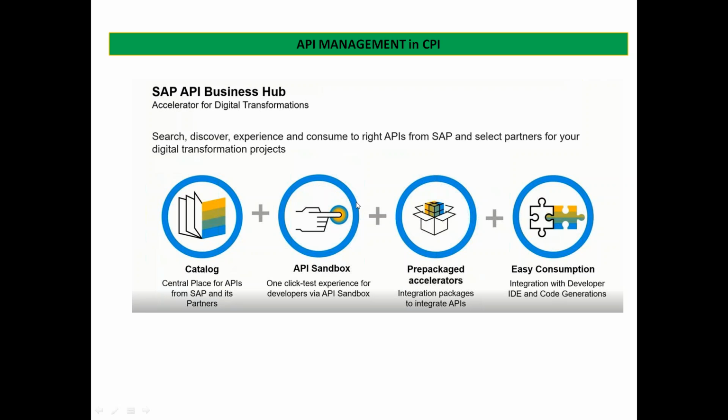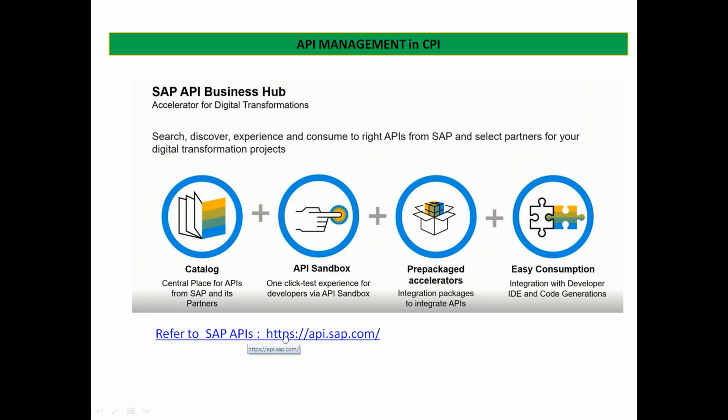Then we will first test them in the sandbox. We have two different kinds of environments. One is sandbox and another one is production. We will build and test the APIs or iFlows in the sandbox, and finally we will deploy it to the production environment. So this is all about how the API works.